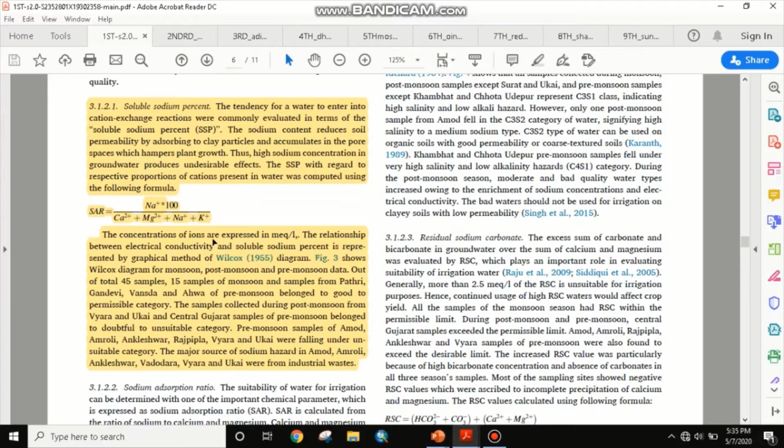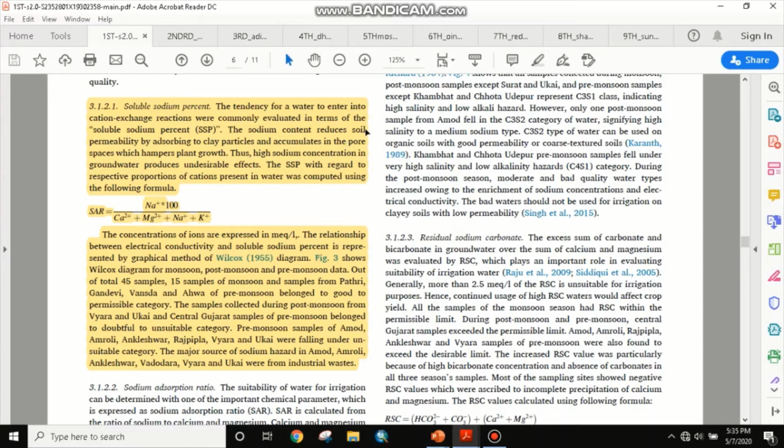The concentrations of ions are expressed in the unit given. The relationship between electrical conductivity and soluble sodium percent is represented by the graphical method of Wilcox, invented in 1955, given over here in figure 3, which shows the Wilcox diagram for monsoon, post-monsoon and pre-monsoon data.